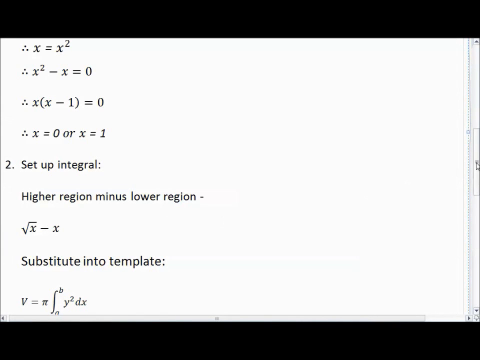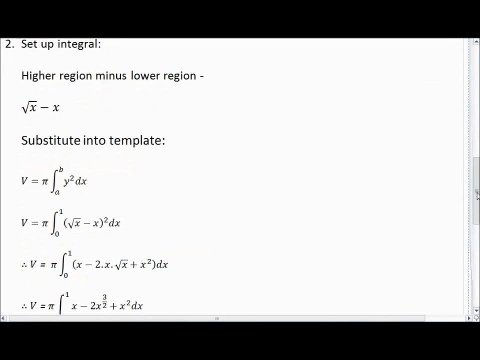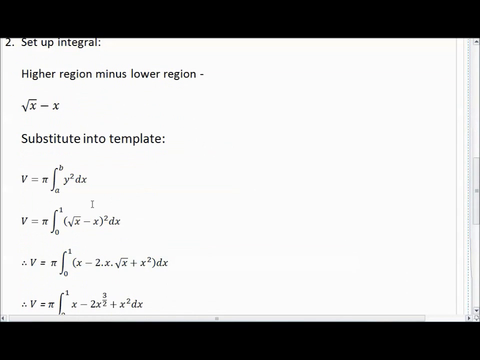Now we substitute that into our template for the volume of a solid of revolution around the x-axis. That's our template there. And as you can see, all I've done is insert the square root of x minus x into our template. Our template's saying that we've got to square the value of y, which is the value of our equation.